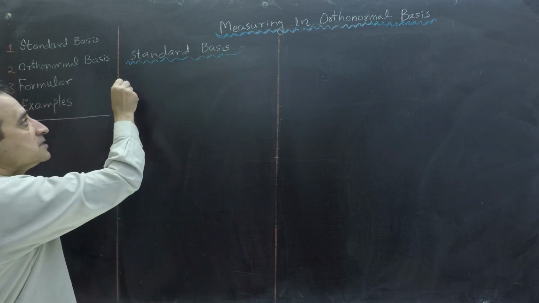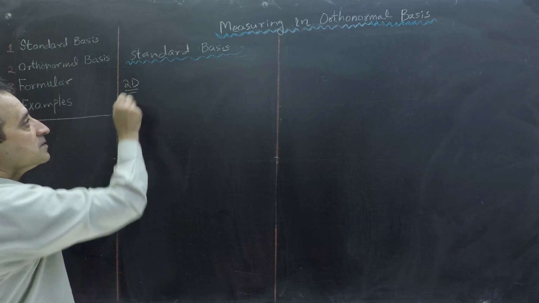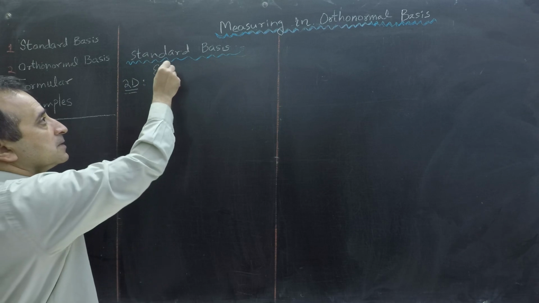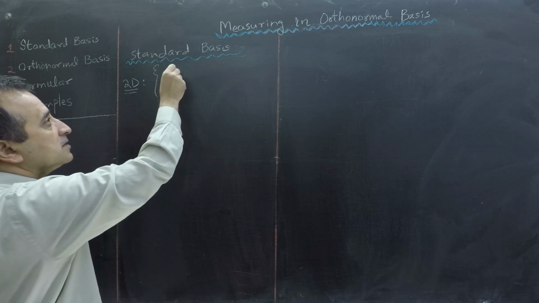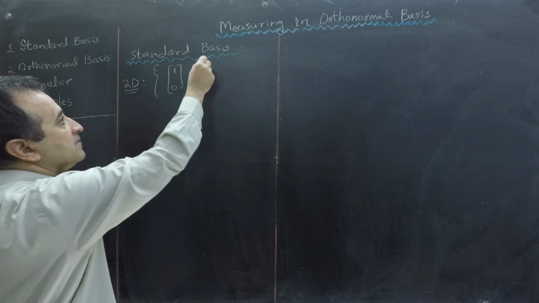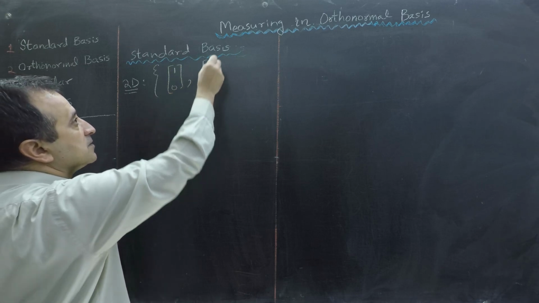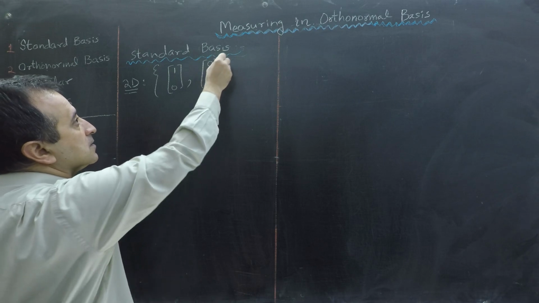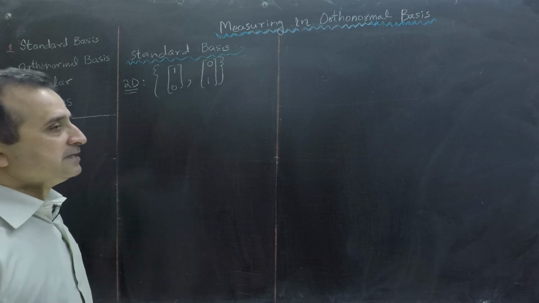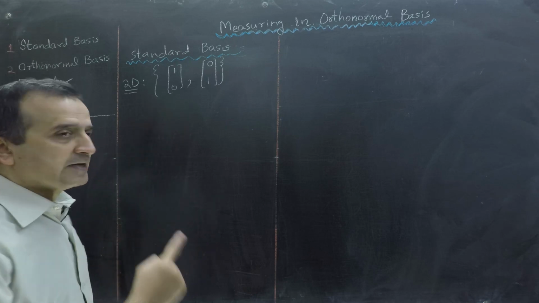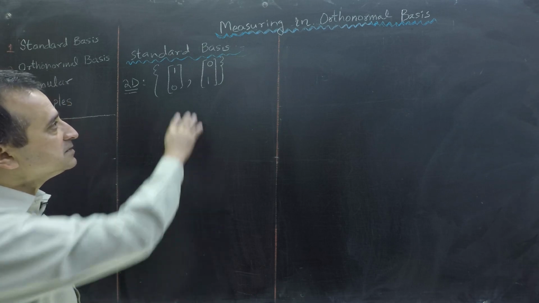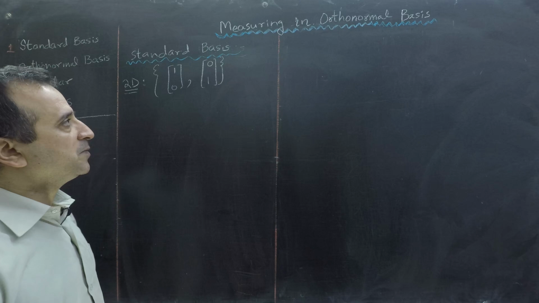In two dimensions, our standard basis will be a vector (1, 0) and a vector (0, 1), because each of those vectors has exactly one 1 in it and the rest of the entries are all zeros. So this represents a standard basis in two dimensions.